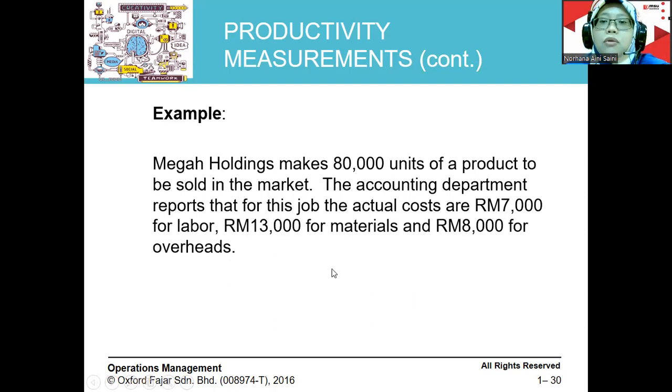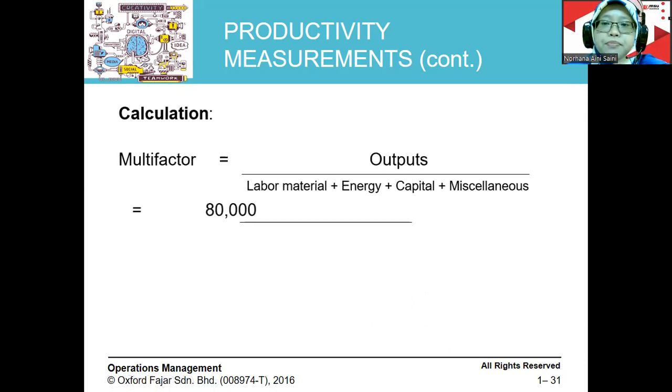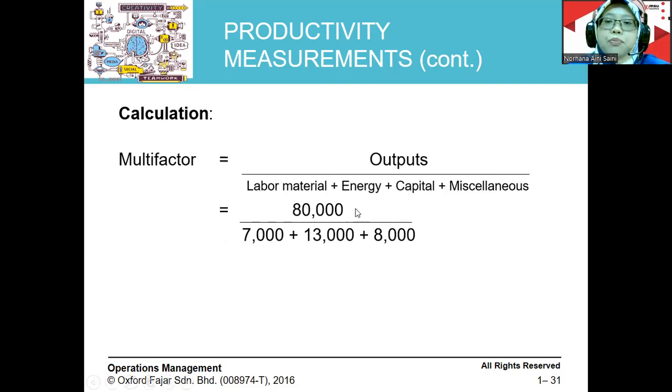So how will you calculate this productivity? This is the calculation. The output is 80,000, and then we have the multi-factor. In that question, they did mention that we have the labor, material, energy, capital, and also miscellaneous. So labor is 7,000, energy 13,000, capital 8,000.